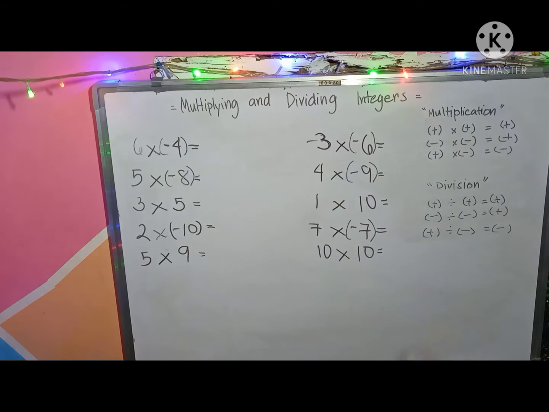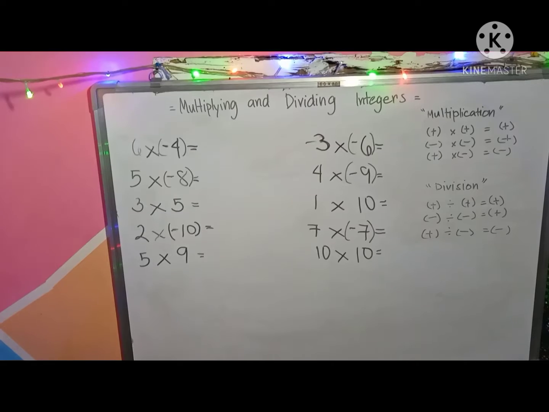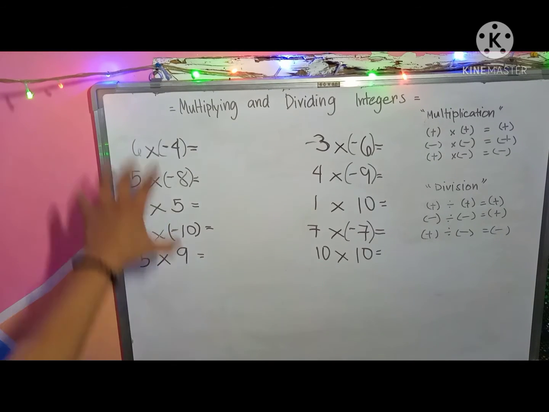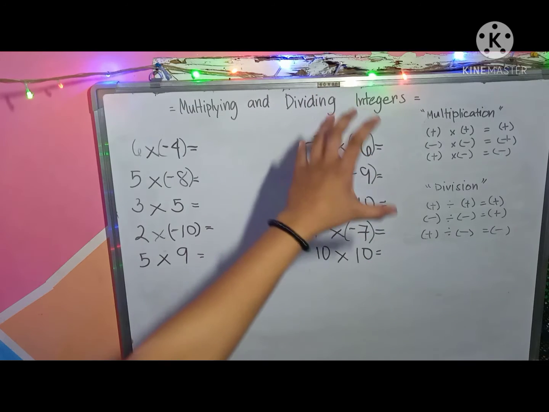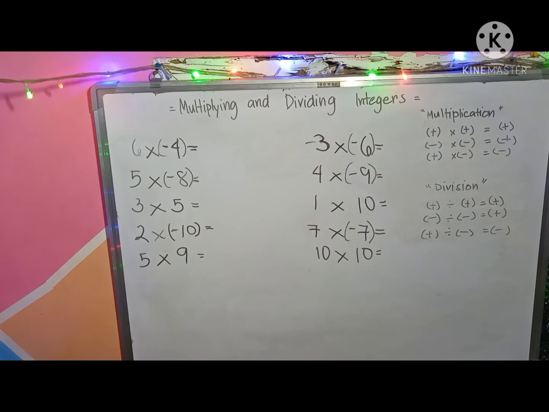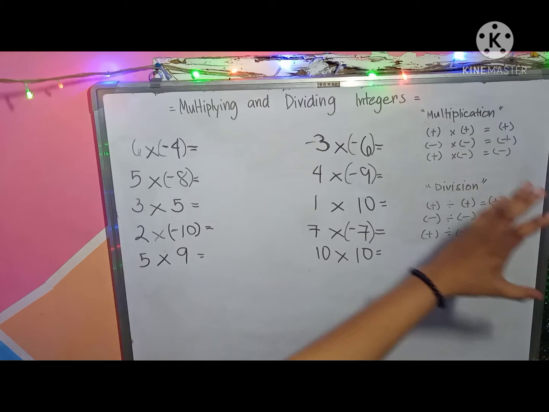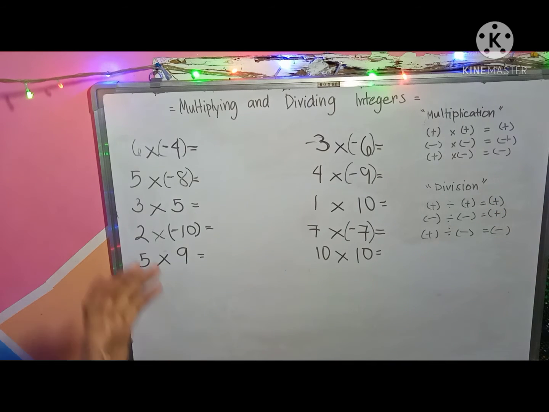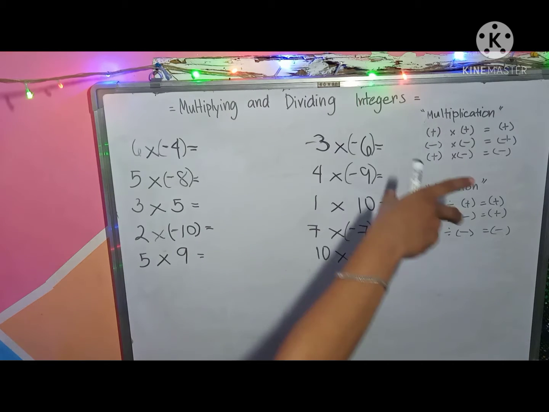Now, let's proceed to our example. Multiplication ng ating operations, but we will use the basis po pagsagot natin nito. Mas madali na ninyong matatandaan kung ano ang magiging sagot nila given itong ating basis.